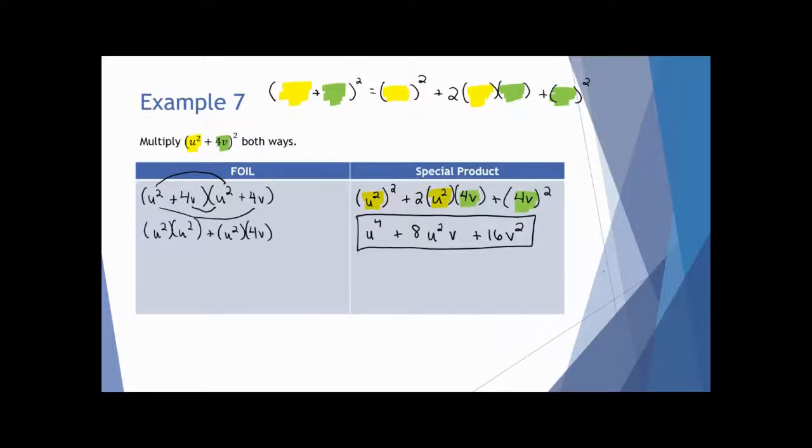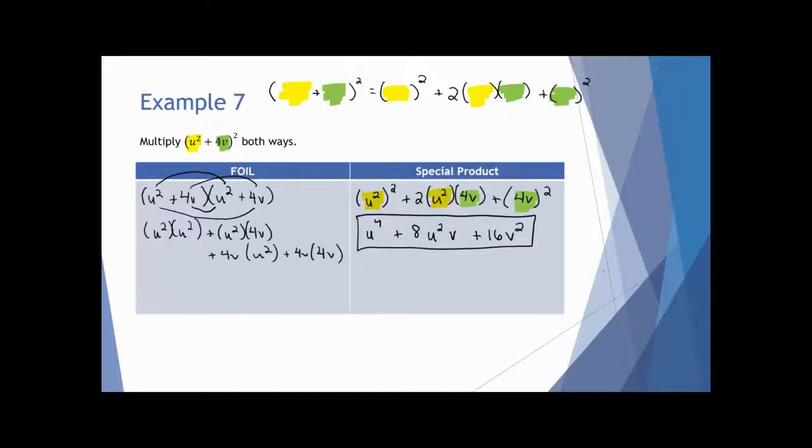Then the inside plus 4v times u squared. And then the last terms, which is 4v times 4v. You have to be very careful that your u's and v's don't look the same. That's why I put a little curl under the u, but not on the v.